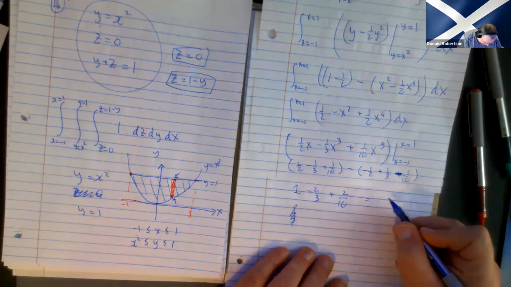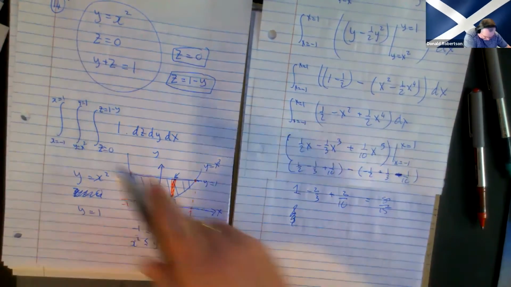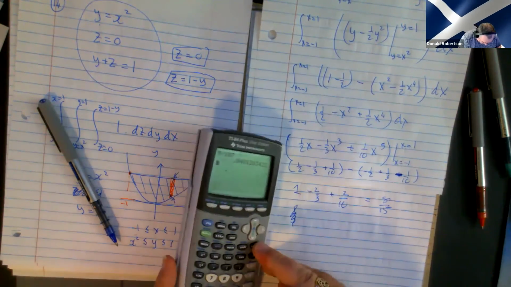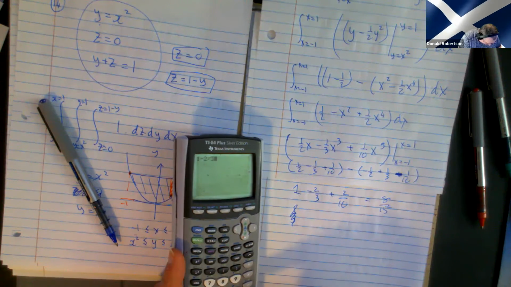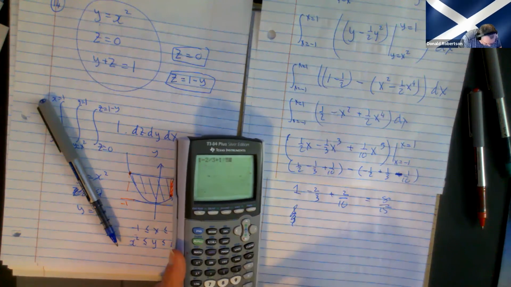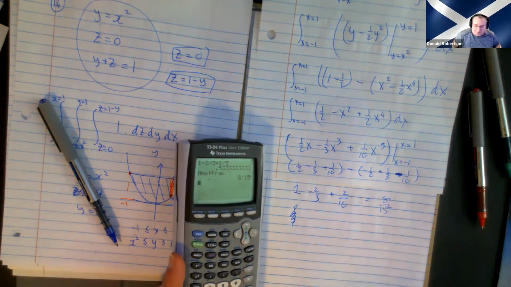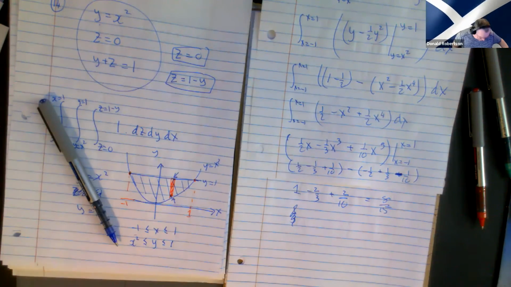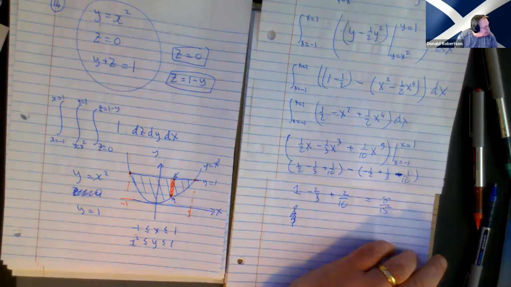And the answer ends up being 8/15. Let's check that out. 1, take away 2/3, add a fifth. Yeah, 8/15. A little hiccup at the end, but pretty good.